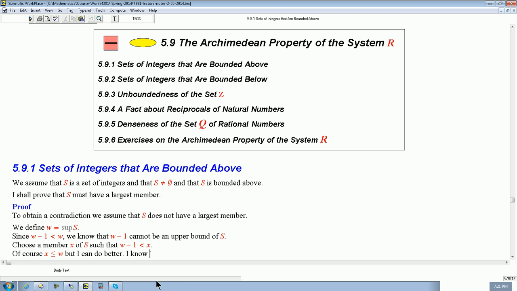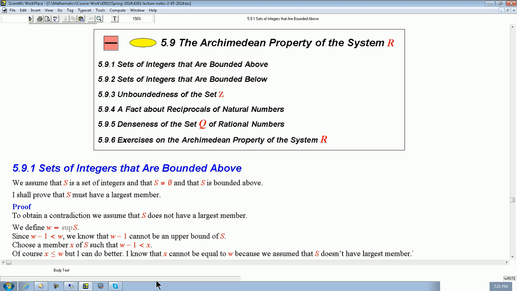I know that X cannot be equal to W because we assumed that S doesn't have a largest member.